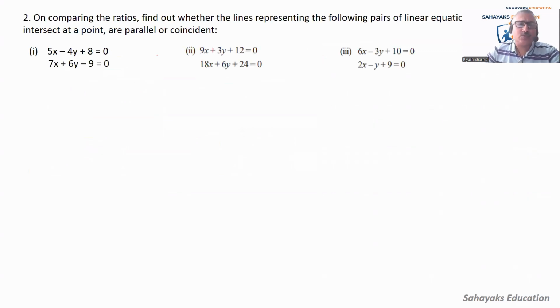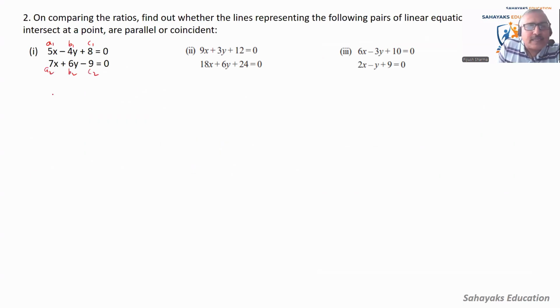On comparing the ratios, find out whether the lines representing the following pairs of linear equations intersect at a point, are parallel or coincident. So it is pretty simple. We know this is A1, this is B1, this is C1, this is A2, B2, and C2.